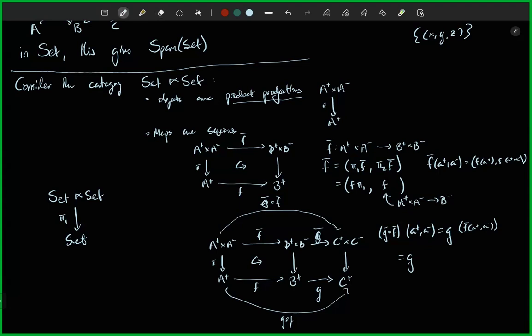I'm going to reserve sharp for the lensy ones and flat for this direction. Of F of A plus, comma, and then here, F flat of A plus, A minus.